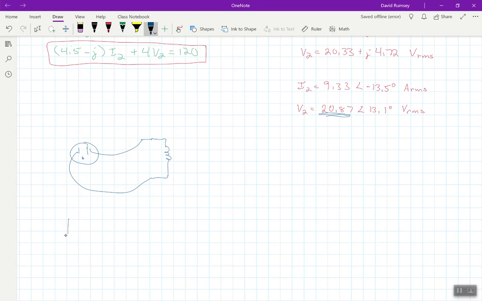We would have my 120 from the outlet, and then we might have a fuse here. Because remember, we saw in one of the videos that some fusing might be required for a transformer. And then we just connect that directly into the transformer.